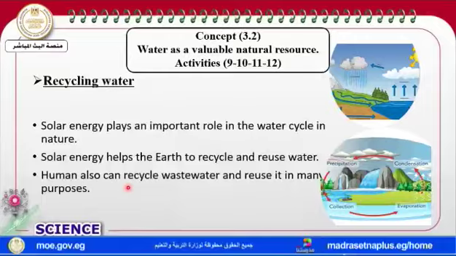So recycling may be done simply at home by the water filter, and we studied it before. Then in nature, using what? Using the solar energy to recycle the water.